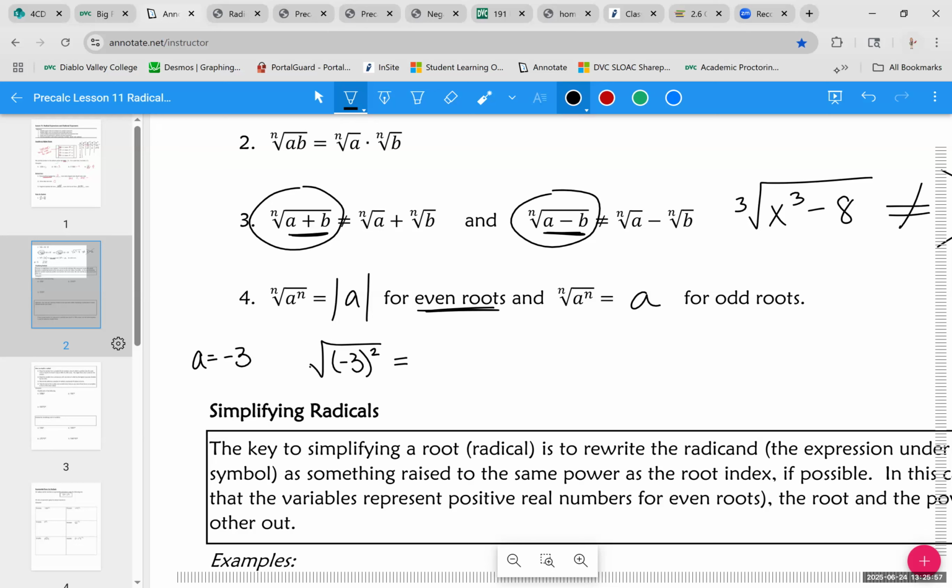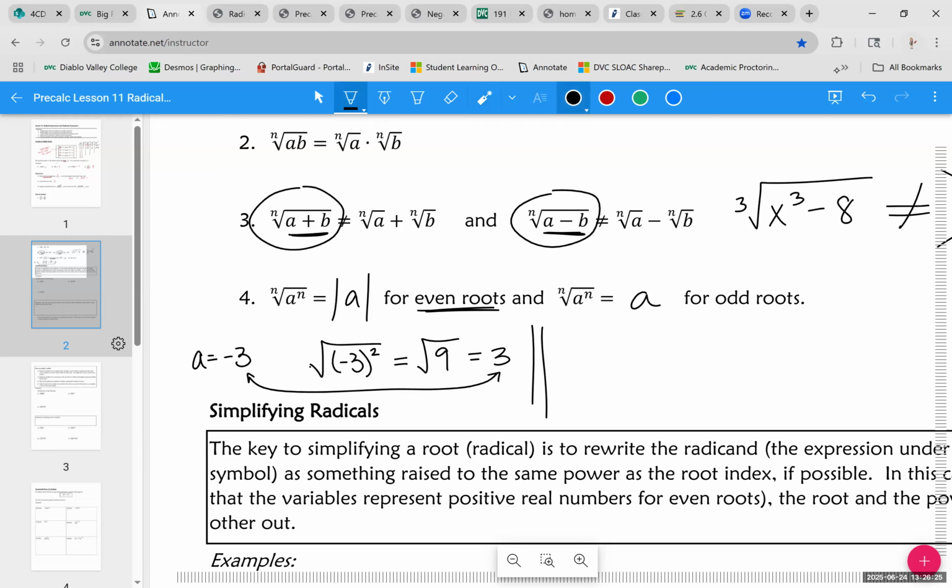Well, our order of operations would tell us to do the square first. So I would have the square root of 9. And the positive square root of 9 is 3. You'll notice that's not what I started with. So you're always going to get out of this expression, if it's an even root, a positive number. And so that's why we put the absolute value, because if we started with something negative, it will come out positive.